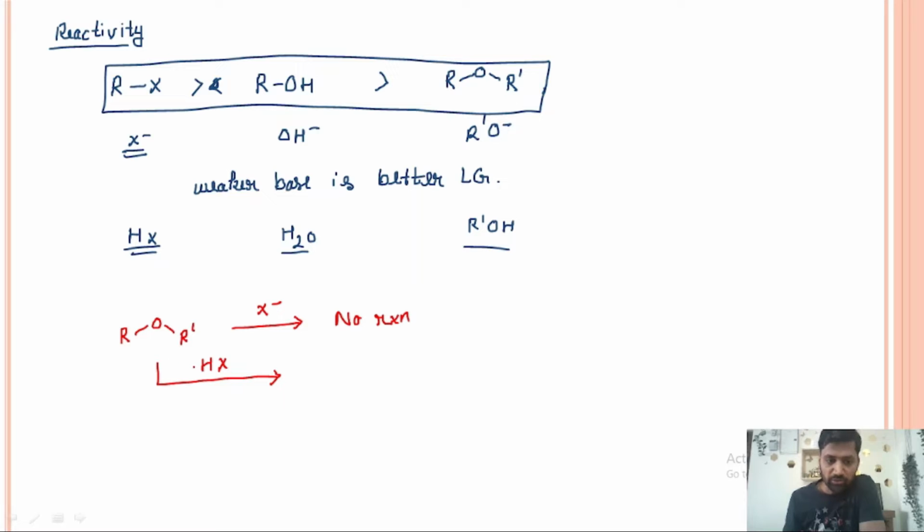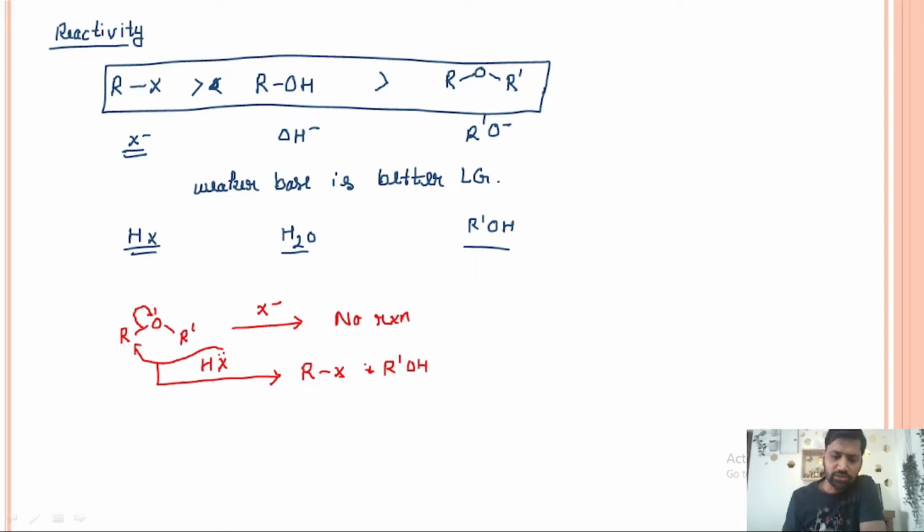For example, in this case, if you react this general ether compound with halogen acid, you will get two compounds, that is RX, the halide ion or the nucleophile will attack on this alkyl group, and the other alkyl group will leave in the form of alcohol, R prime OH.